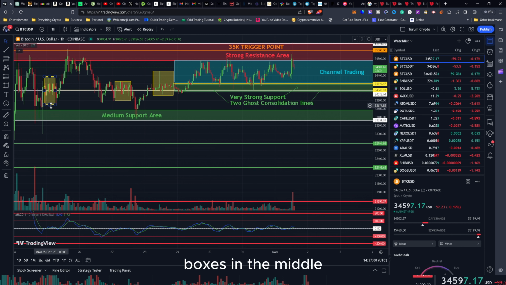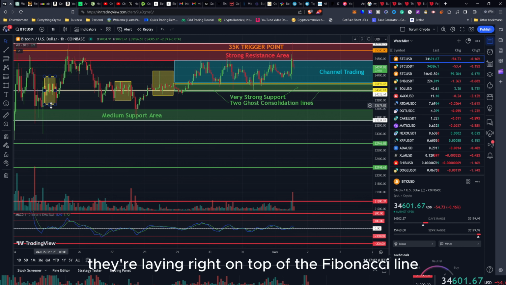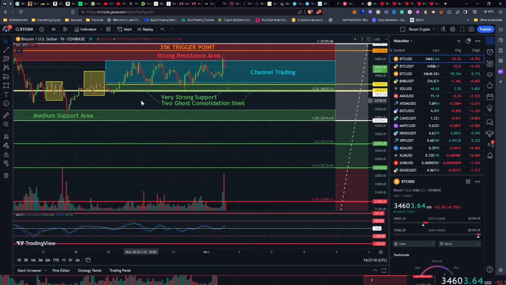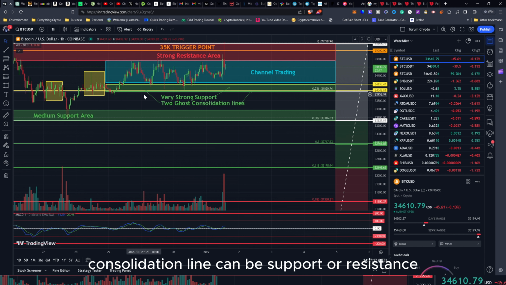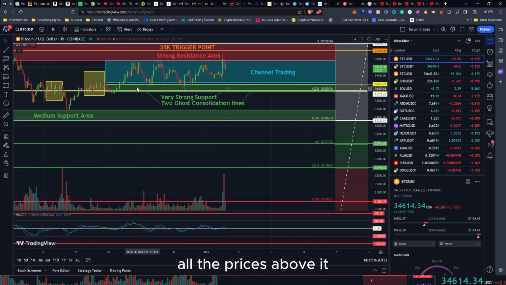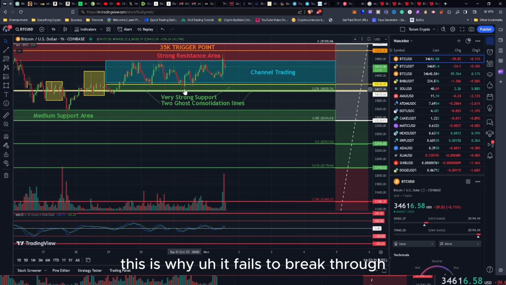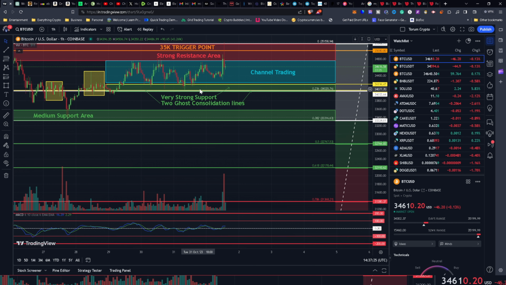The boxes in the middle, they're laying right on top of the Fibonacci line. This makes it strong support. Like I just said, consolidation line can be support or resistance. While the price is above it, this is super strong support area. This is why it failed to break through.